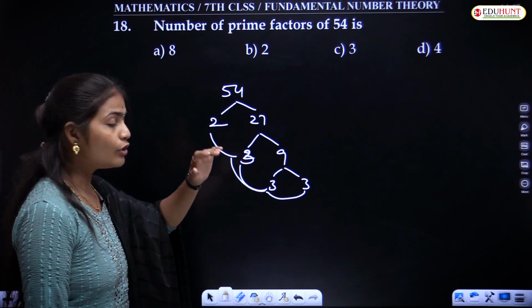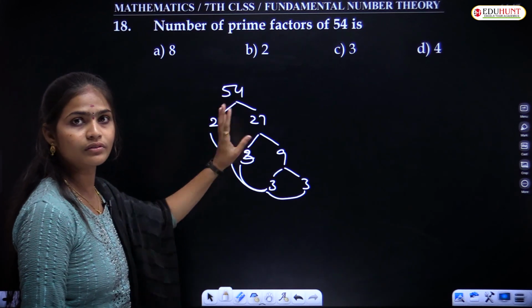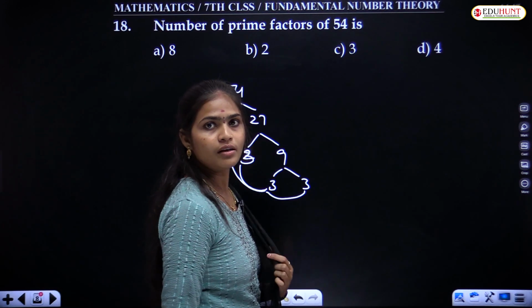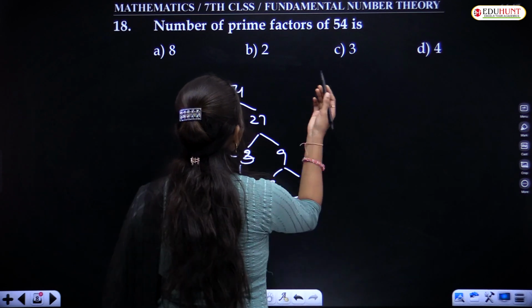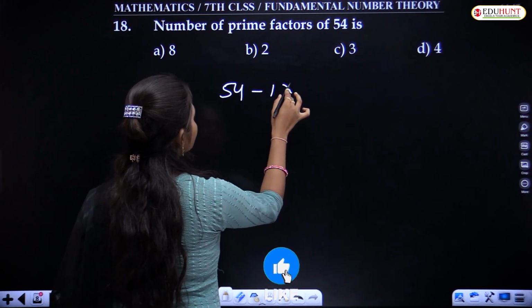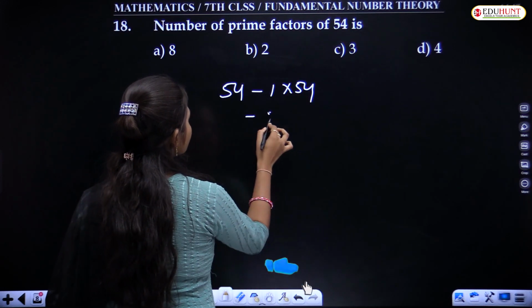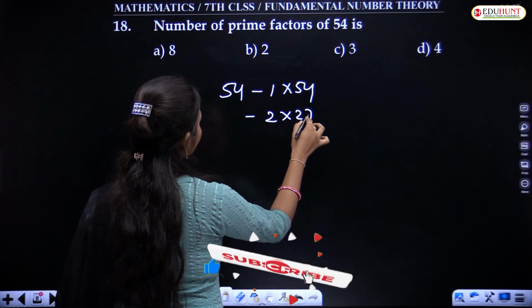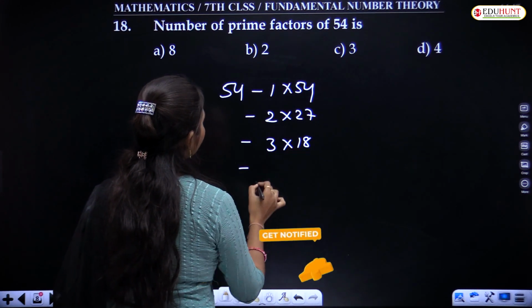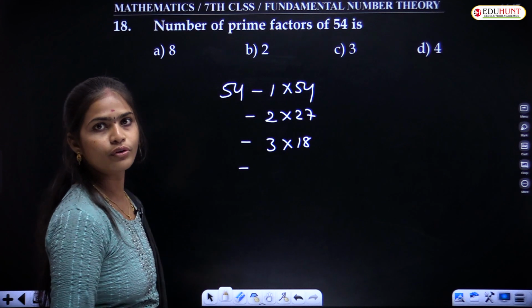Okay, if you are confused with this method, then you can go for any other method, that is the multiplication or division method. See the multiplication method once. 54, how can we write it? 1 into 54, next 2 into 27, next 3 into 18. Next, it is not a multiple of 4, no?